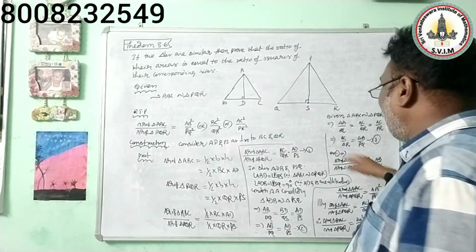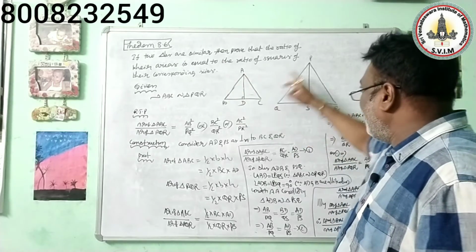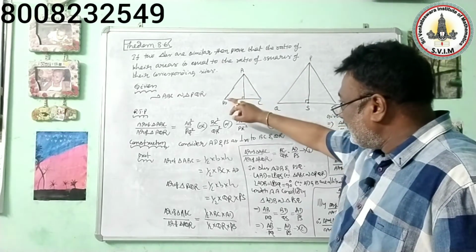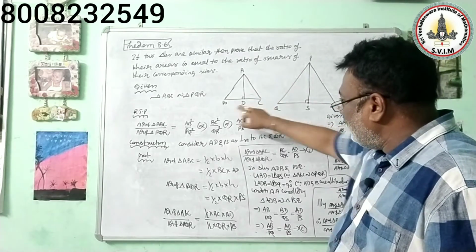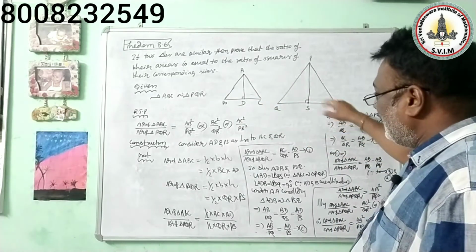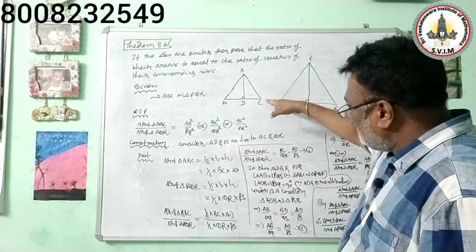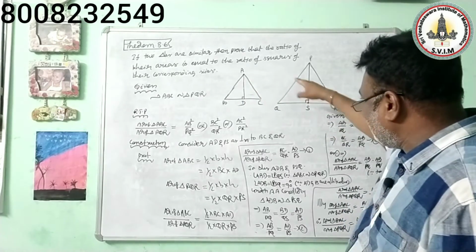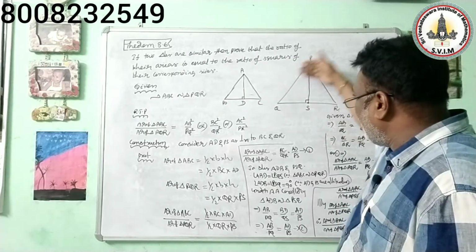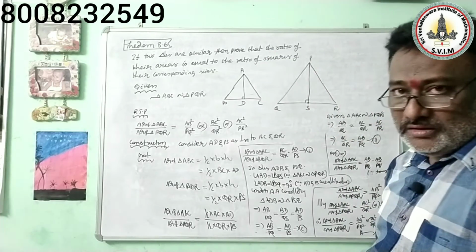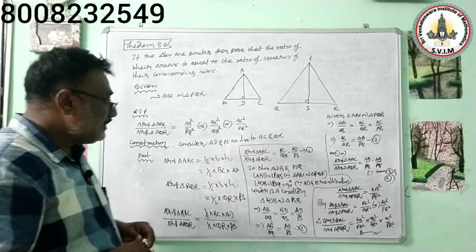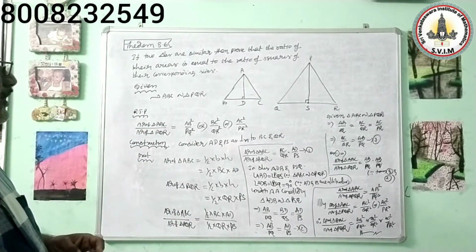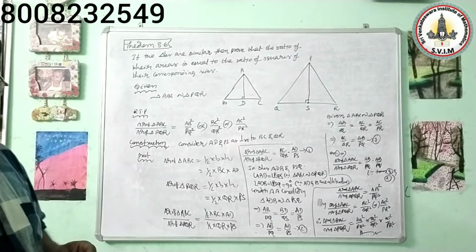If you take the altitudes from these vertices, then you can prove BC square by QR square. And if you take the same altitudes from these two vertices, then you can prove AC square by PR square. That's all. Okay, yes, just observe that theorem which has been proved by me on the board.